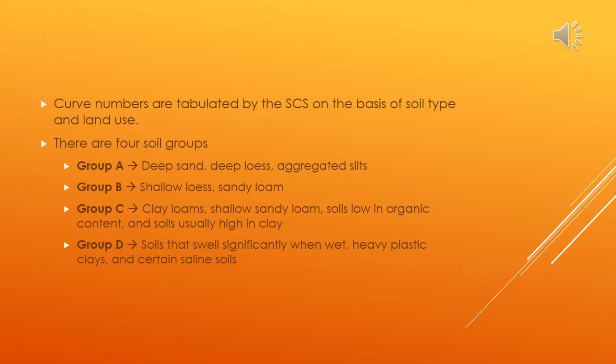And Group C is clay loams, shallow sandy loam, soil low in organic content, and soils usually high in clay. And Group D is for soils that swell significantly when wet, and heavy plastic clays and certain saline soils.